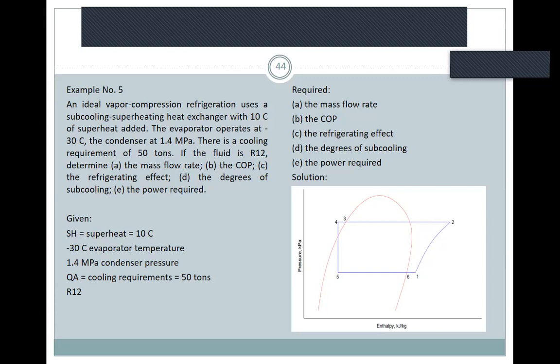So given superheat is 10C, we have a negative 13. So negative 13 ito may minus dito.